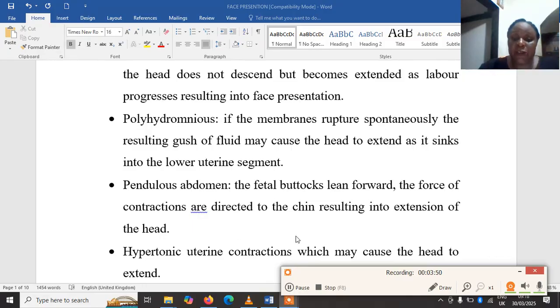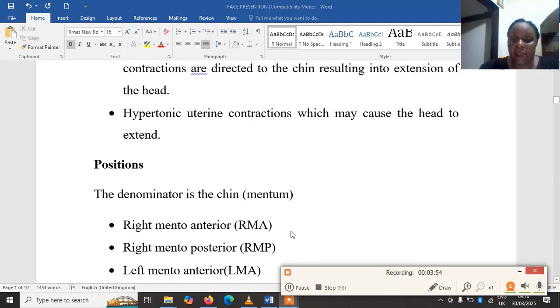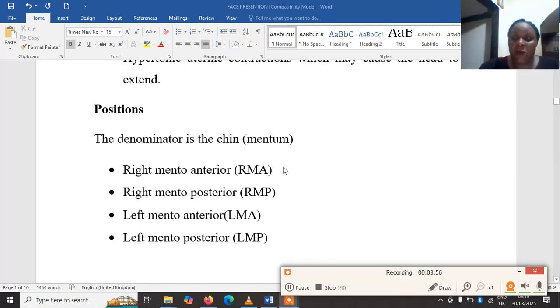Also, hypertonic uterine contractions may lead the head to fully extend. When we talk of face presentation, our denominator will be the chin, and we shall have four positions: the right mento-anterior, the right mento-posterior, left mento-anterior, and left mento-posterior.